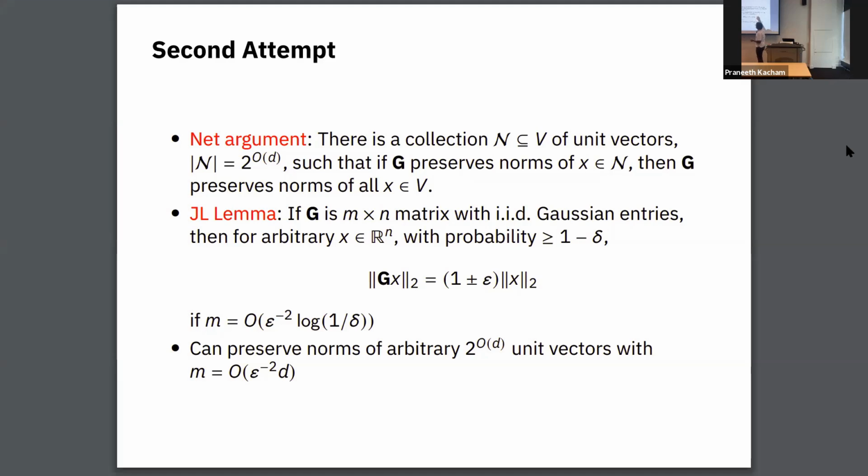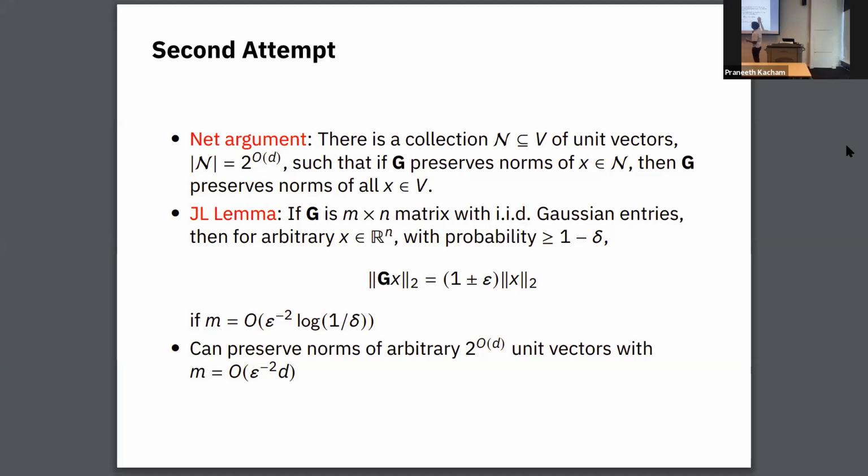See the relation between the success probability and the m you need. To succeed with probability 1 minus delta, you only need order log 1 over delta rows in the Gaussian matrix, right? And we want to succeed for 2 to the order d vectors.